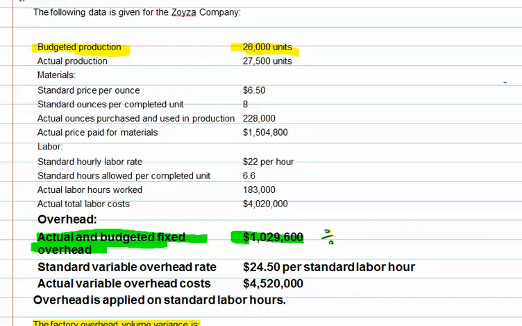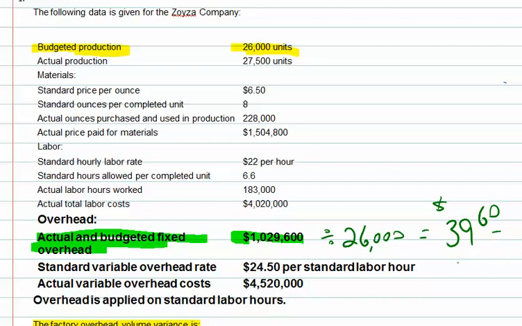So I divide this by 26,000, and that's going to give me a standard rate of, let's see, 1,029,600 divided by 26,000. That's $39.60. So for every unit of production, our fixed factory overhead would be $39.60.